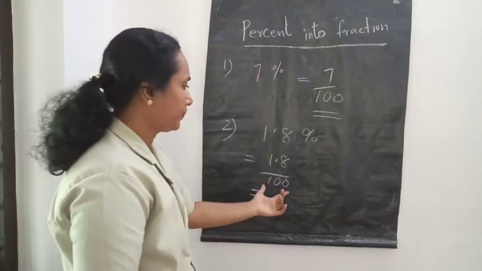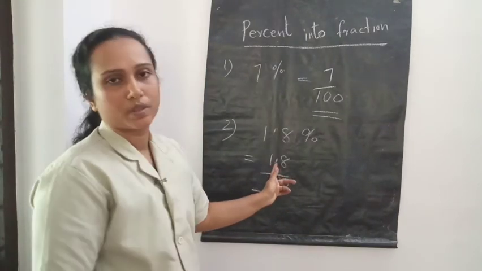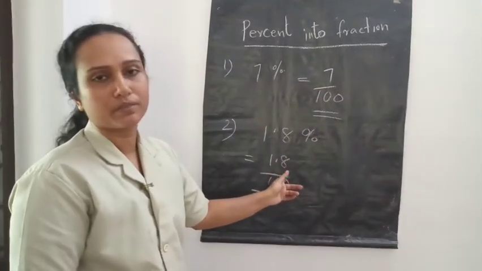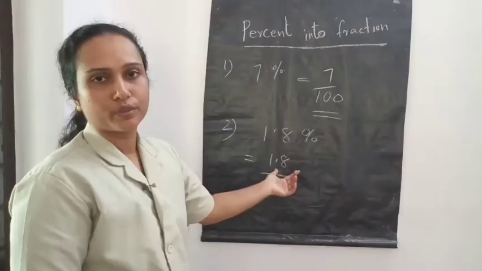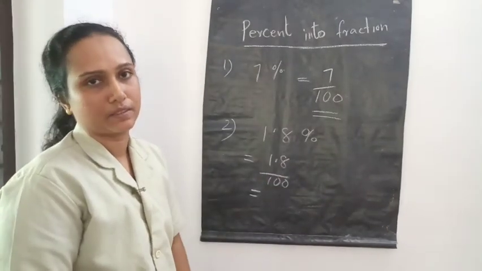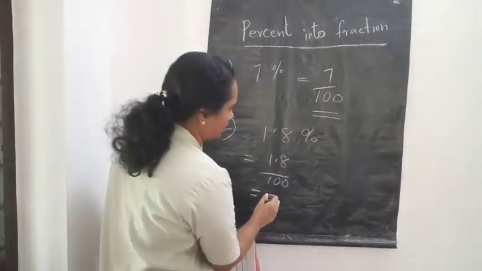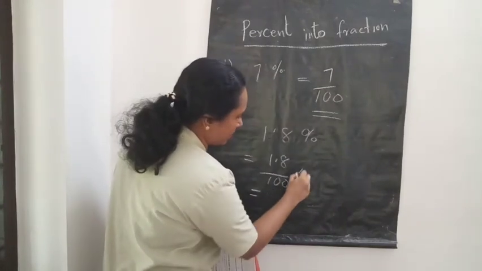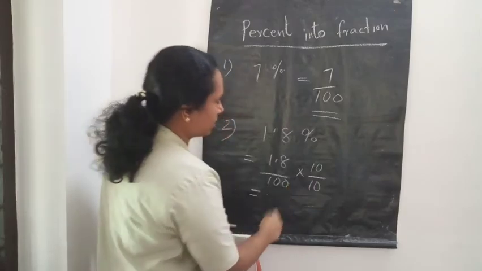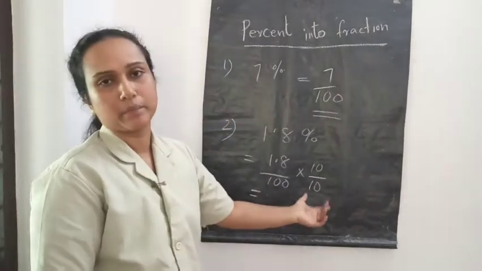Next step, here 1.8 is a decimal number. Then we have to convert this to a whole number. For that we multiply by 10 both numerator and denominator. Then 1.8 by 100 into 10 by 10.